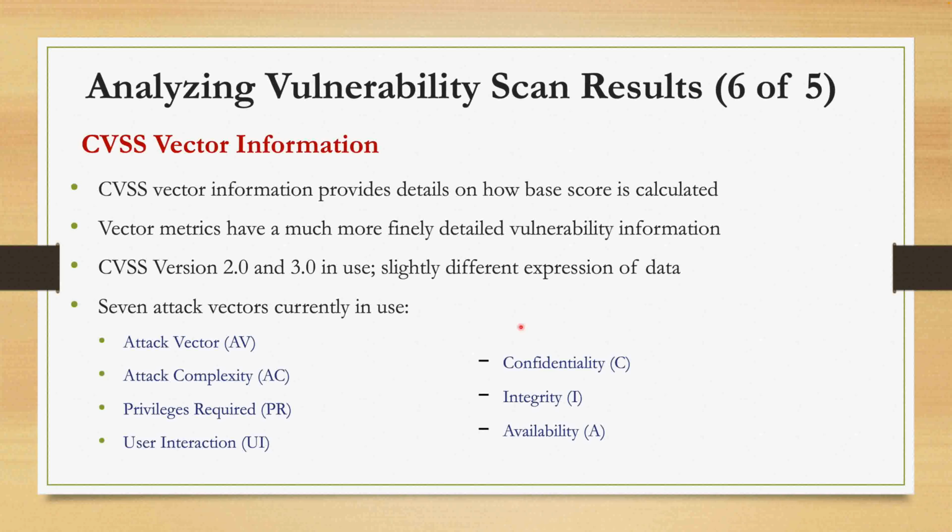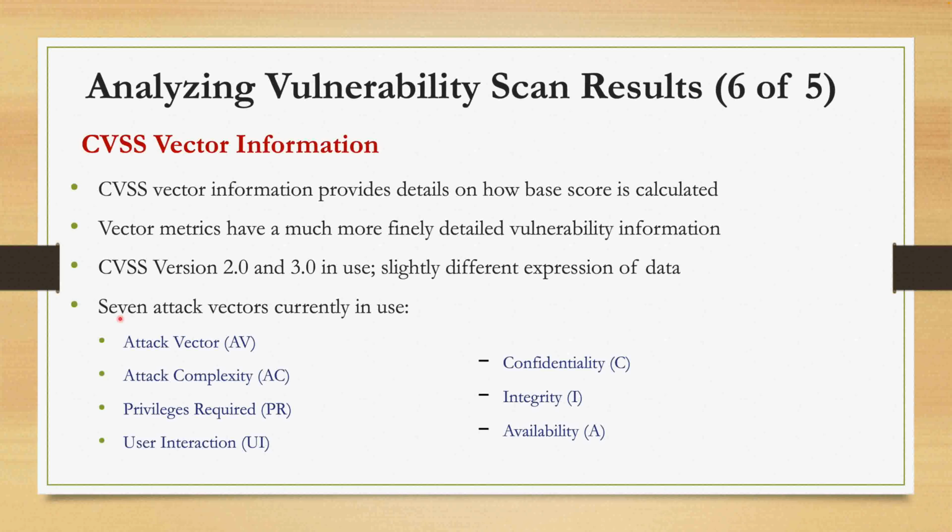There are different vector metrics that capture specific characteristics of an exploit, enabling more precise vulnerability analysis, whether it's 2.0 or 3.0. There's also a newer one as well. Version 3, of course, offers refined metrics, better than version 2, that improve clarity and granularity in scoring.